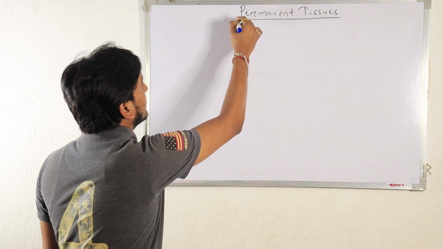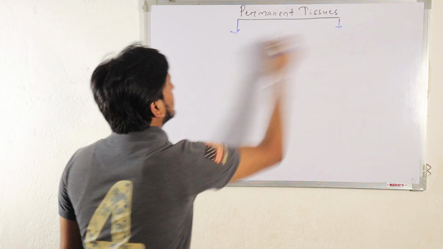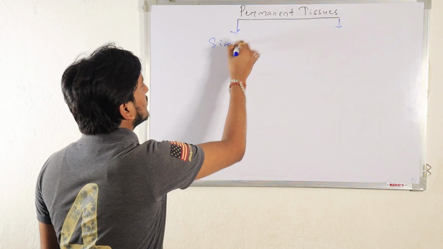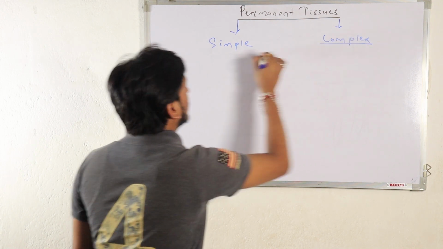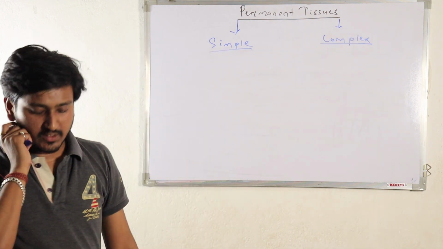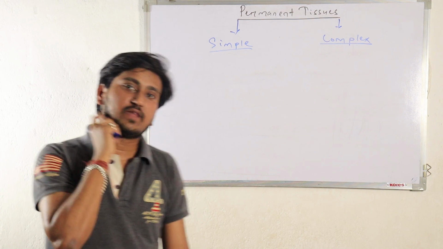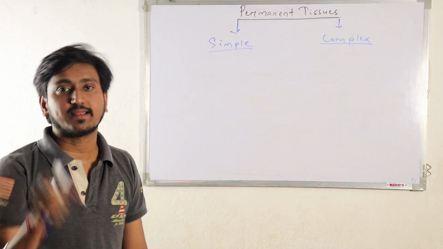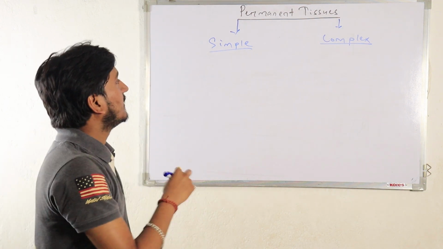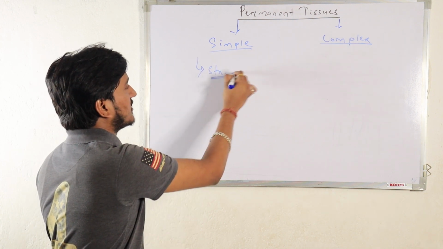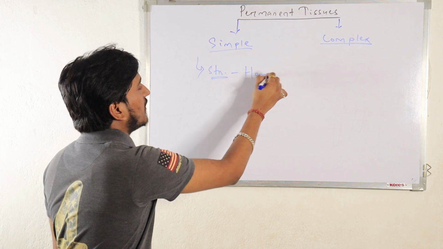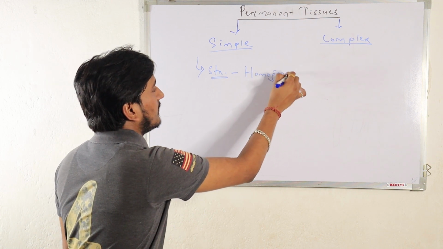Permanent tissues can basically be of two types: simple permanent tissue and complex permanent tissue, okay. They are named so because in simple permanent tissue there is only a single type of cell, or one kind of cell, okay. That's why in the simple permanent tissue the cells are all of homogeneous type.